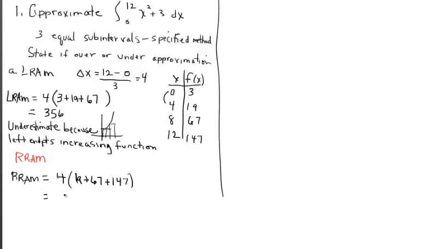Performing the computations, I got a much larger estimate of 932. It's an overestimate, because the function's increasing, and I'm using right endpoints on an increasing function.